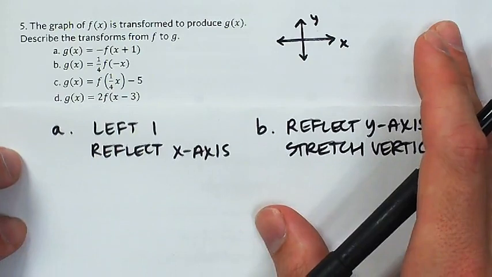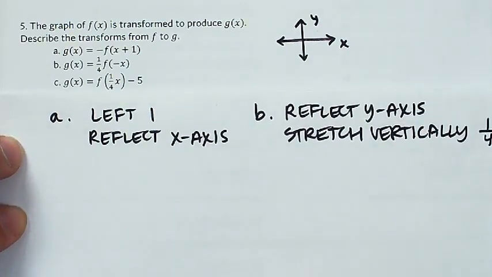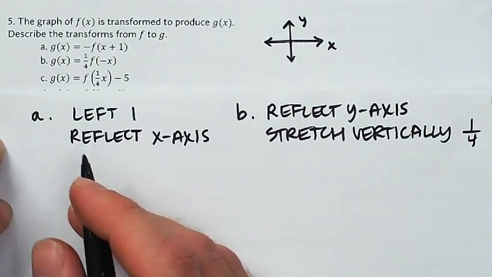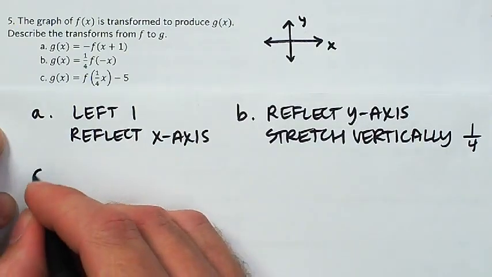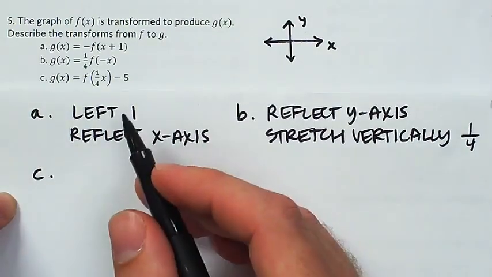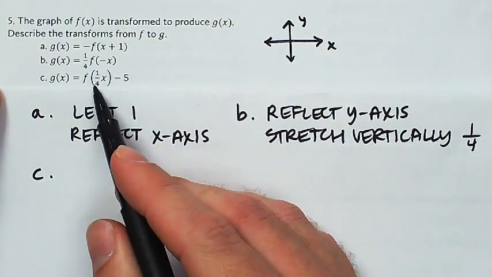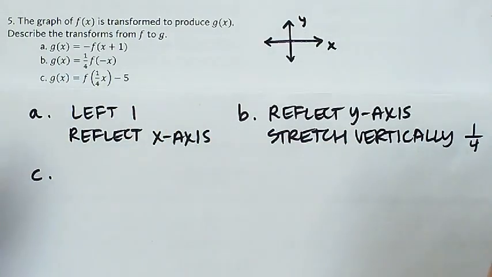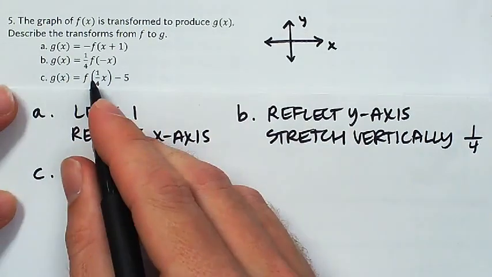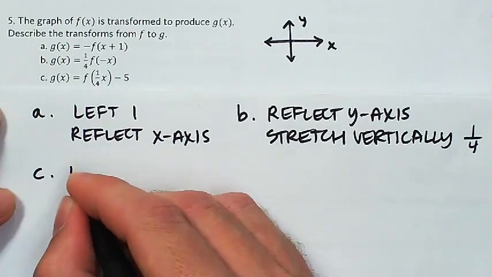Oh, there's more. All right. So with C, okay, 1/4 multiplied on the inside, those horizontal transforms work the opposite of the way we expect. So multiplying by 1/4 makes the function get wider horizontally. So it's going to be a horizontal stretch by a factor of 4.